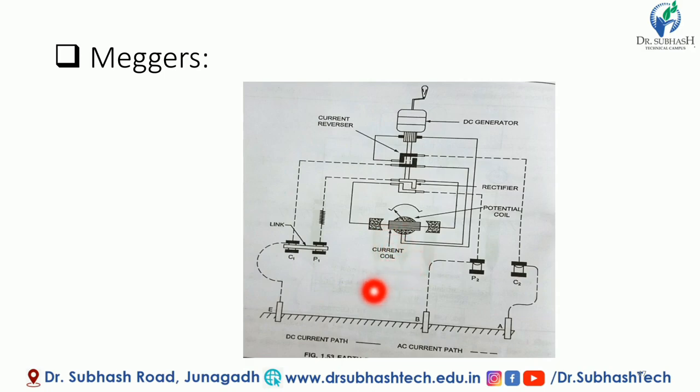There is one link connected to C1 and P1, and the other link is connected to C2 and P2. Here you can see the DC current path and AC current path shown by different notation: continuous notation is for the DC current path, and discontinuous notation is for the AC current path. In this way, the Megger is used to determine the earth resistance.